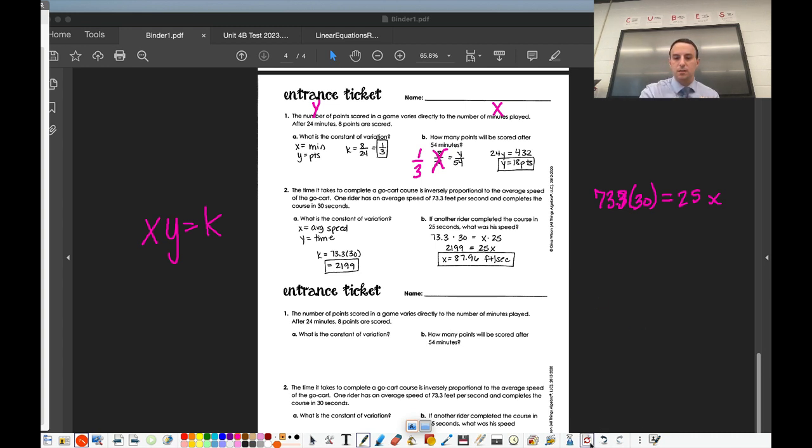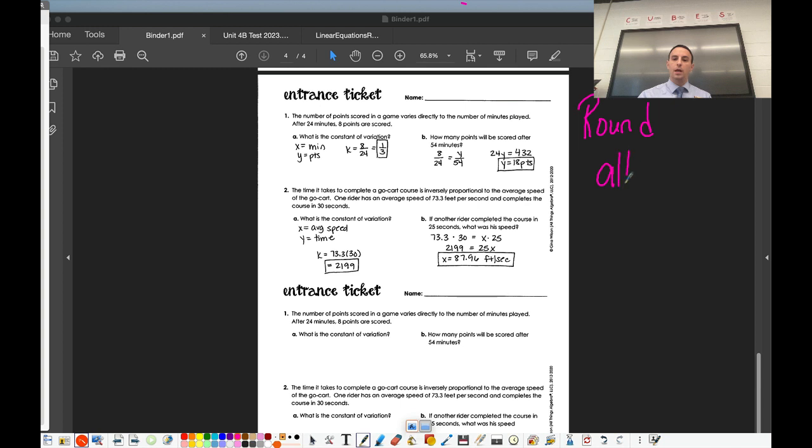One of the things I've got to remind you about, and I've told this to other classes, be sure when you're rounding, always round to the nearest hundredth. So we're talking about the penny place. So if it's like here, 87.9 is not to the nearest hundredth, it's 87.96.